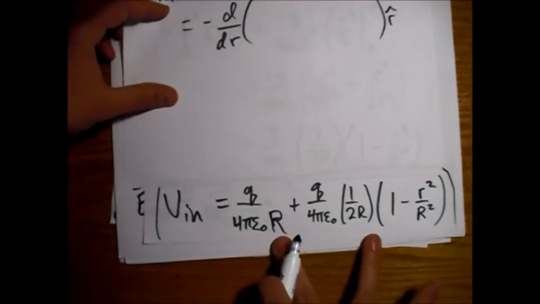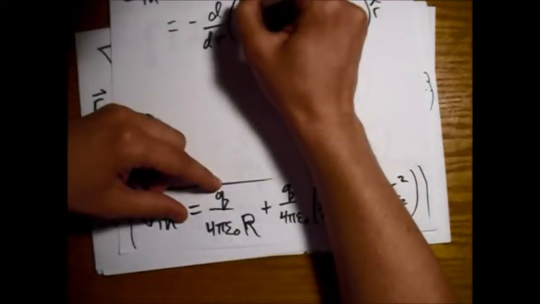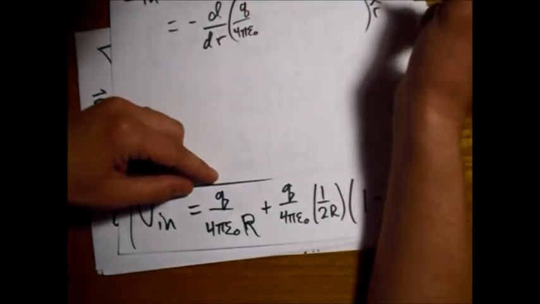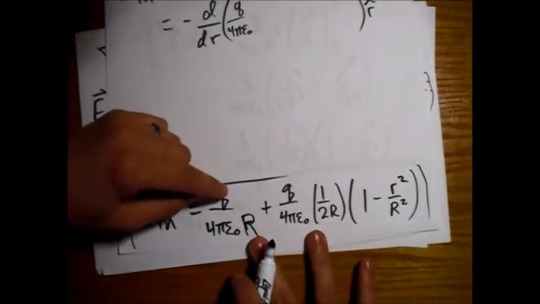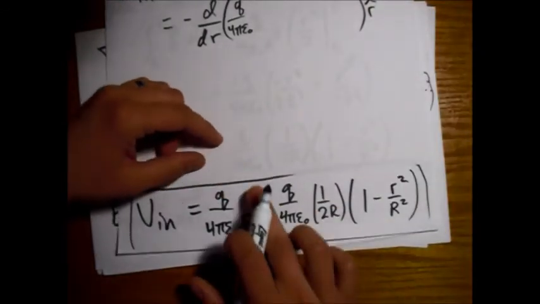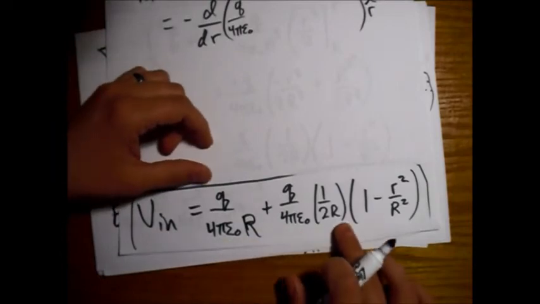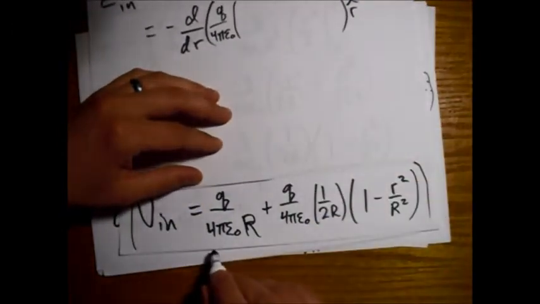And this is in the r hat direction, and what goes in here is this V. So constants out front, Q over 4 pi epsilon naught. And now that this is a 1 over big R, and I fixed that mistake, we can combine these things inside here.